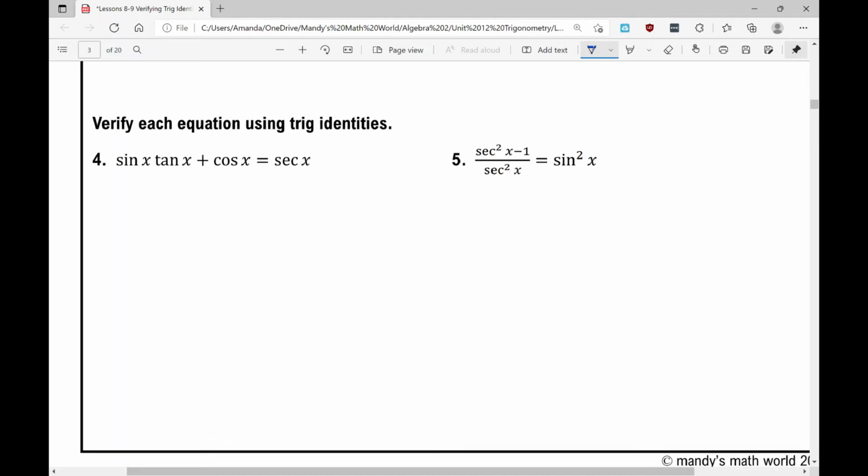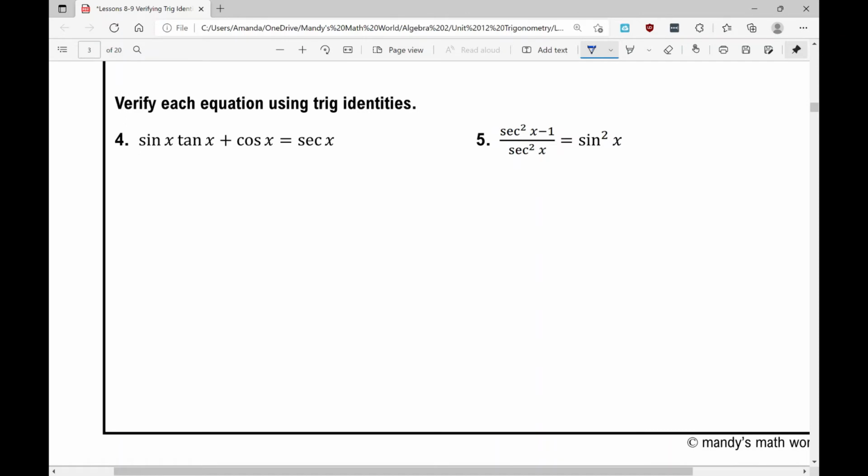So I know tangent x, I know I'm going to have a fraction, right? Because I know at this point, maybe, you might know that tangent x is sine x over cosine x. So I know there's a fraction there. So what I'm going to first do is rewrite this sine x as sine x over 1 times tangent x. Well, what is that?